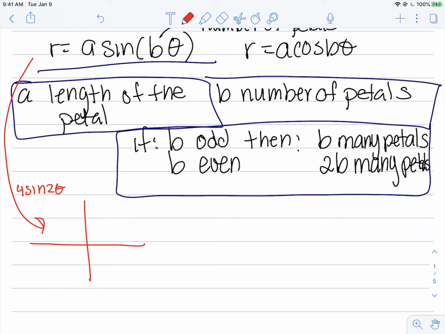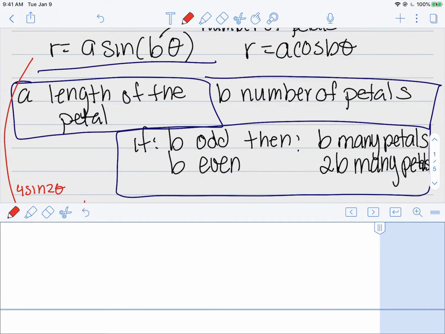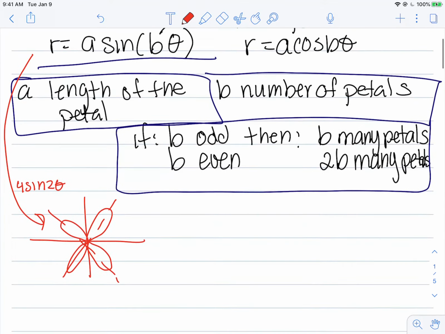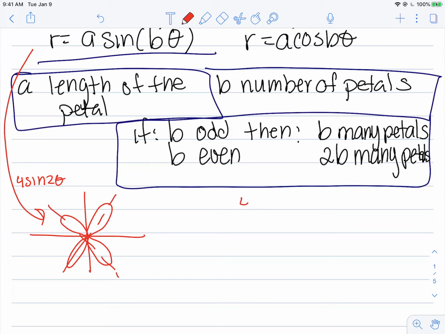So sine will have symmetry with respect to the vertical axis still. And sine will not start at the polar axis. So sine starts always somewhere else. Okay, and I'll go over examples as to how to do that. For cosine, let's say you had 4 cosine of 2 theta.